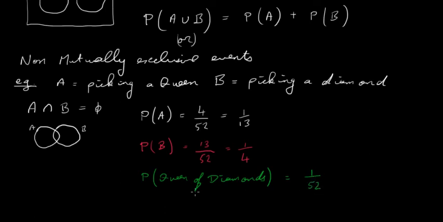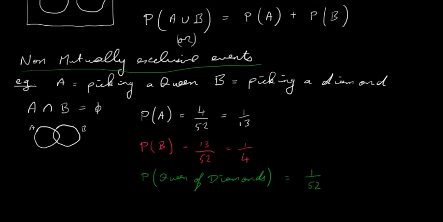There's only one of them, so the probability of picking that queen of diamonds is 1 out of 52. So we have our three probabilities here: the probability of picking a queen, the probability of picking a diamond, and the probability of picking the queen of diamonds. Now remember, we are talking about non-mutually exclusive events, so we're not going to use this formula here.